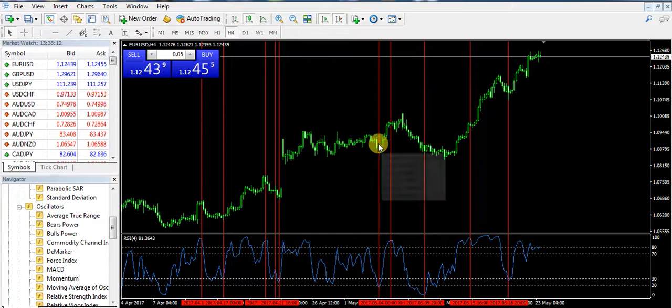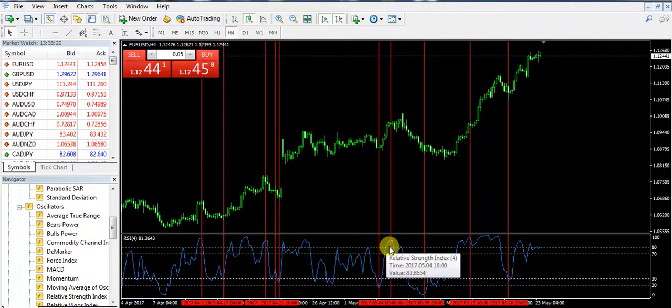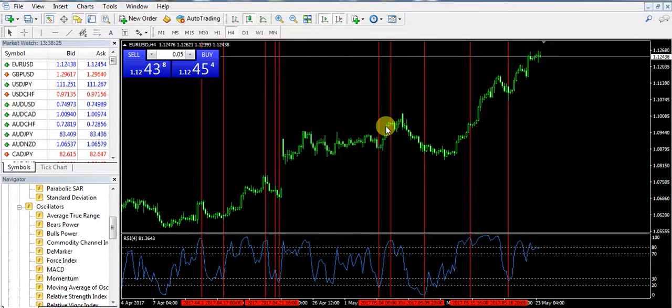So if you entered the trade down here, when you got that signal from the RSI that there is a weakening in the strength of this trend over here, this movement over here, you might have seen that as an opportunity to take profit. Rather be on the safe side, take profit, exit the market, and wait for your next entry point. I specifically marked out this low in the RSI over here.